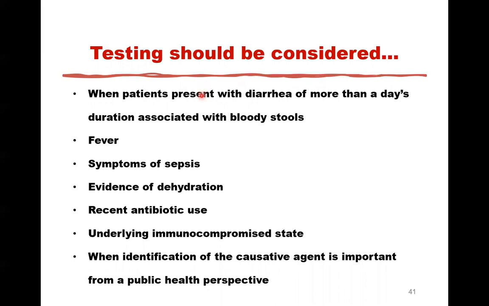If the patient has evidence of systemic involvement, so you have fever or symptoms of sepsis, if the patient is markedly dehydrated, if there is a history of recent use of antibiotics, we are still going to discuss antibiotic-associated diarrhea, but for now, just know that if there is a history of use of antibiotics, you must send the stool sample to the lab.